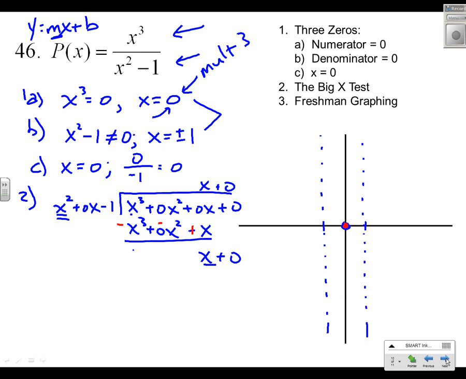So, point I want to make here by the long division is that really this equation could have been written as x right here plus a remainder over what I'm dividing by. And now look what happens when x gets really, really big.